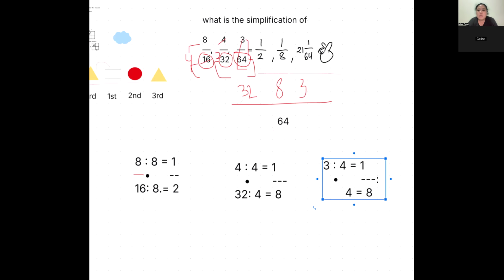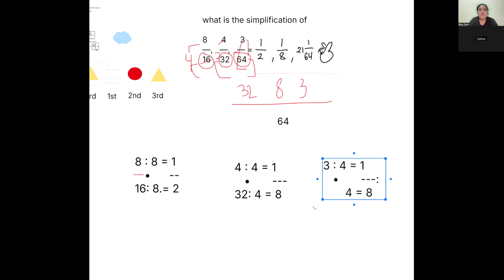So 3 out of 64, the numerator itself is a prime number, meaning in here you can divide it by 3, but 64, yeah, cannot be divided by 3.